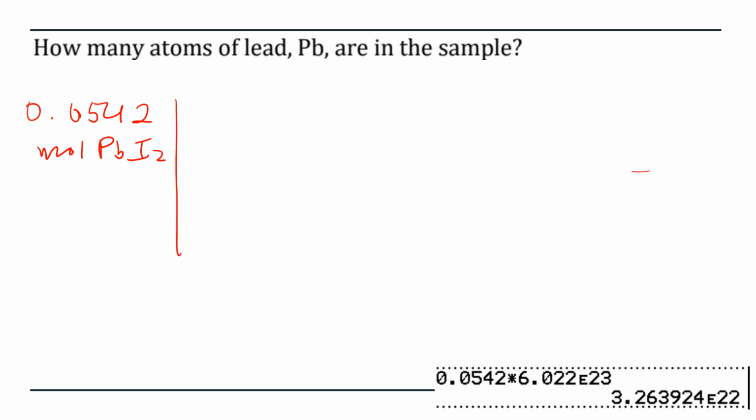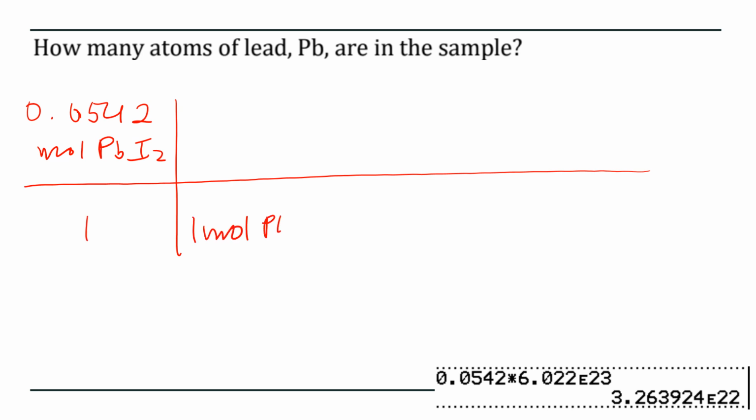So what does that mean? In 1 mole of PbI2, the idea is you look at the number of ions of each ion in your formula. So you see you have 1 lead and then 2 iodines. So in 1 mole of PbI2, there is 1 mole of Pb.